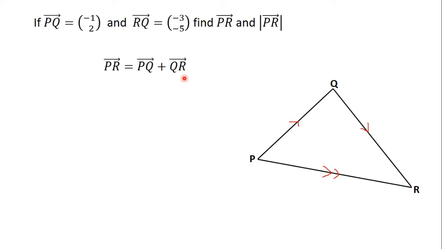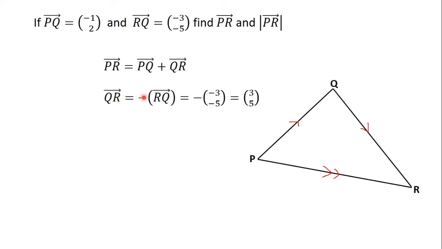We are interested in vector QR. We know that QR is the negative vector of RQ. We learned that in the previous video on negative vectors. Vector QR is equal to the negative of vector RQ, or the inverse of vector RQ.